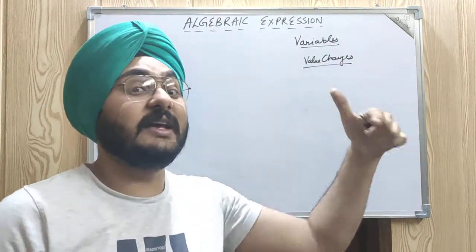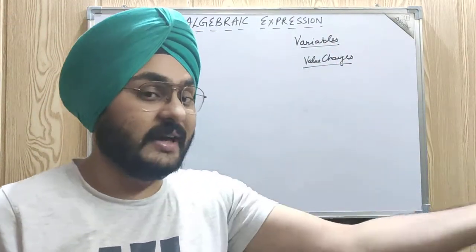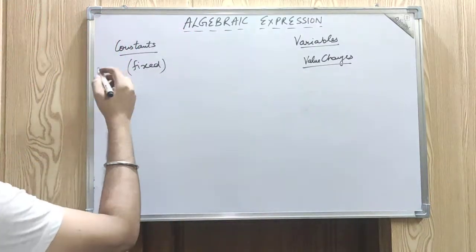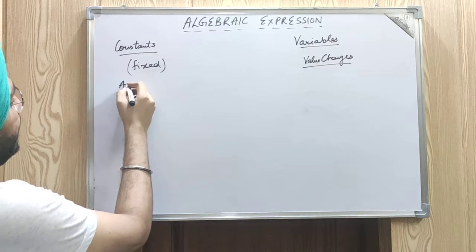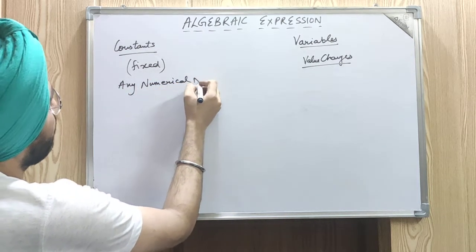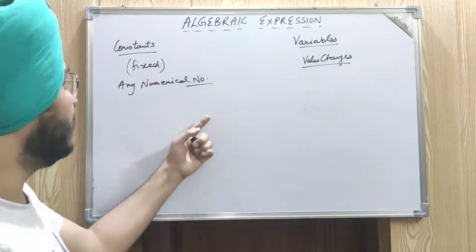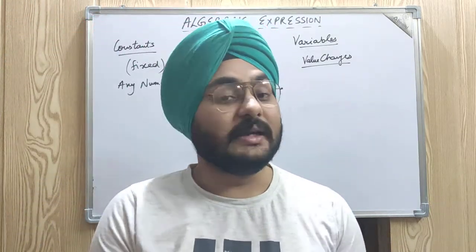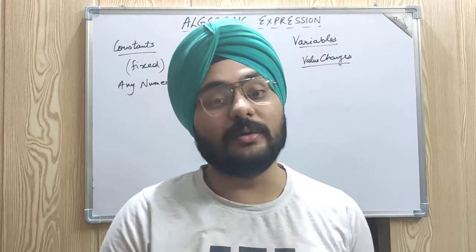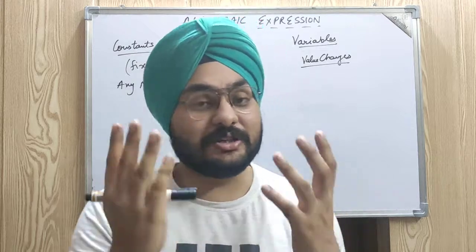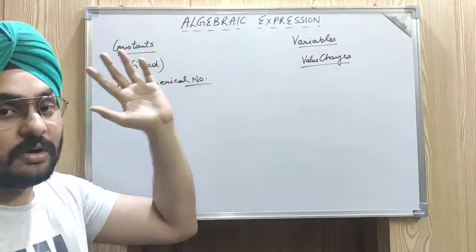Variable varies, which means whose value changes. Constants are basically any numerical number which you are taking. Either it is a rational number, integer, natural number, whole number, or fraction, or basically I can say any rational number you are taking here is a constant only.